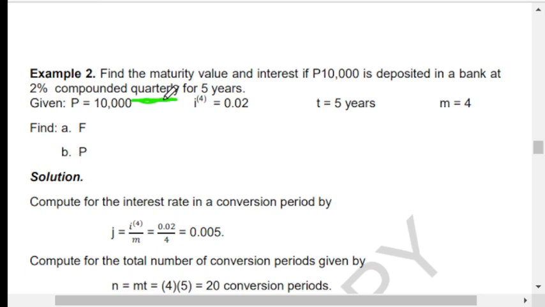So change 2% to 0.02, and t is 5 years, and the number of conversion periods m is 4. So first we have to solve for the F and then find the interest.